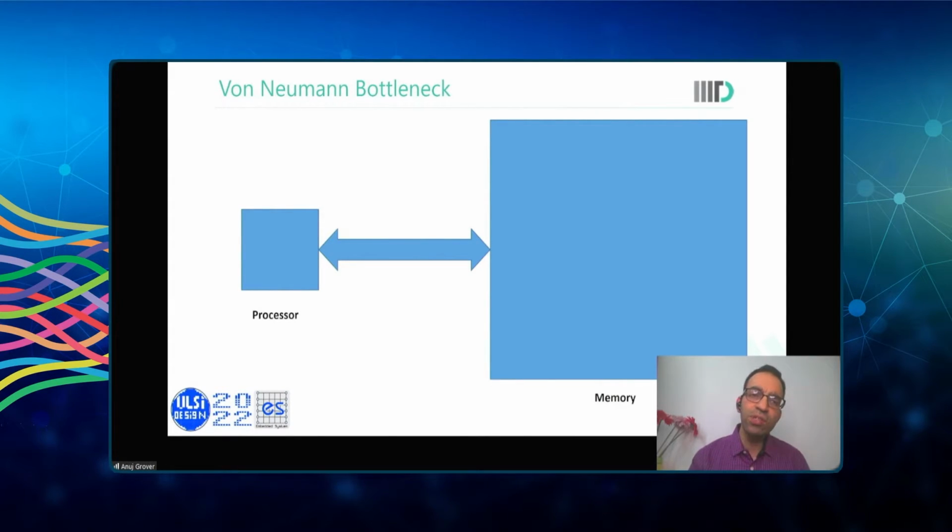Let us say we wanted to do an operation of A plus B is equal to C, or C is equal to A plus B. What do you do? You give the first instruction. You say load A. The instruction goes to the SRAM, and the SRAM sends data into the processor. Then you give the second instruction. You say load B. The second instruction goes through the bus to the SRAM.